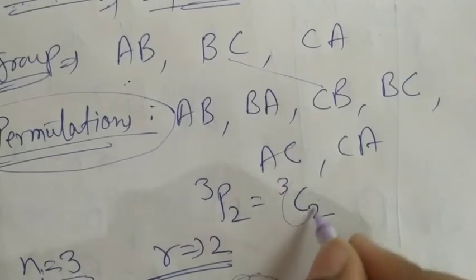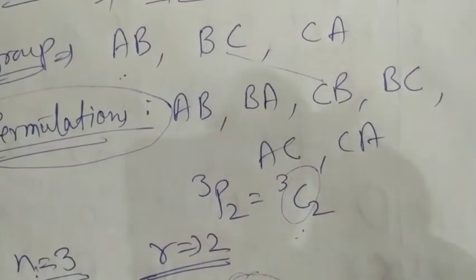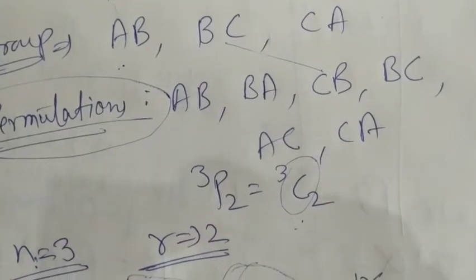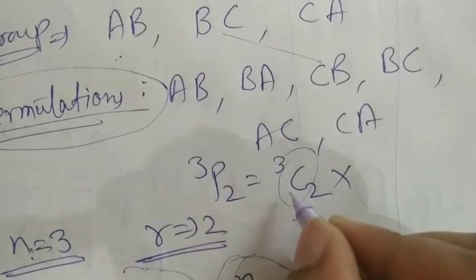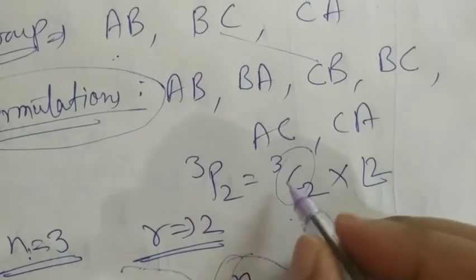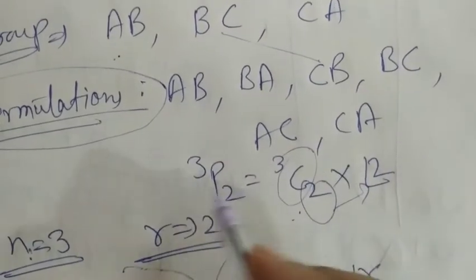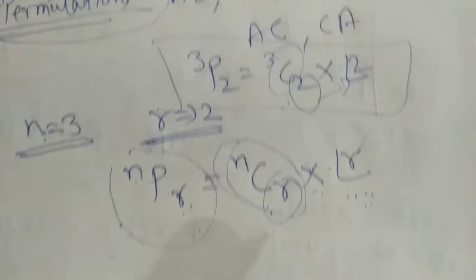This is showing combination, and combination means just to find the groups, and this is the notation of combination. And after that I am arranging these r objects. This is the total number of permutations I find here.